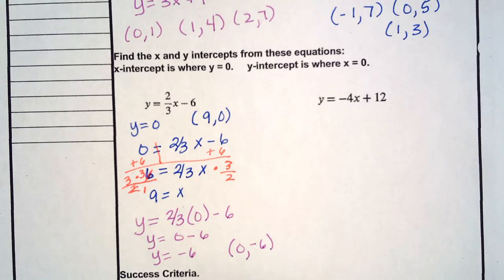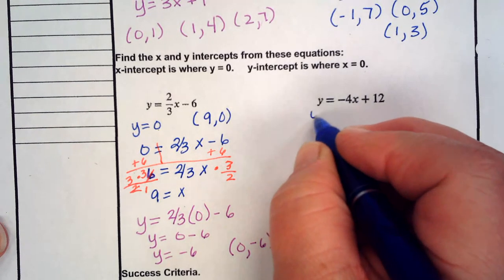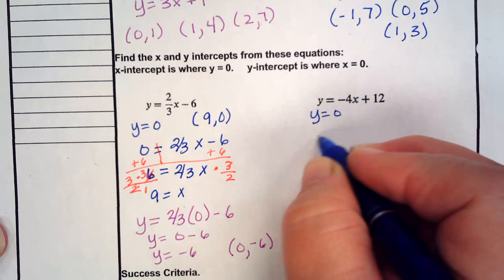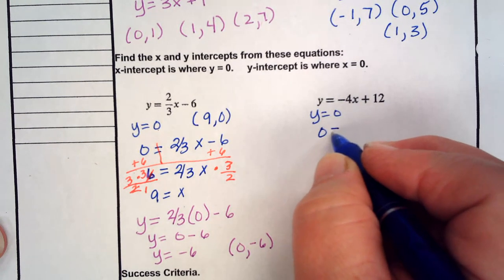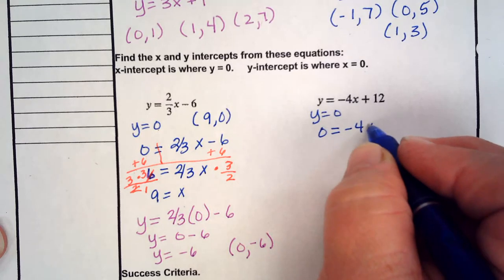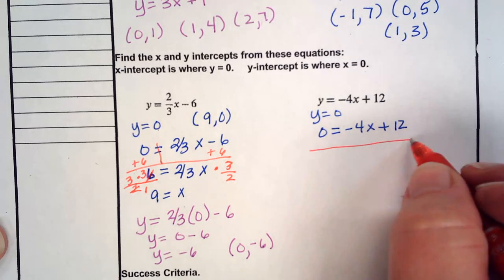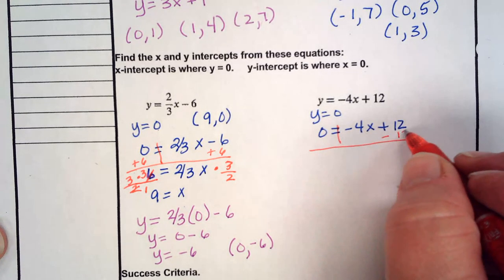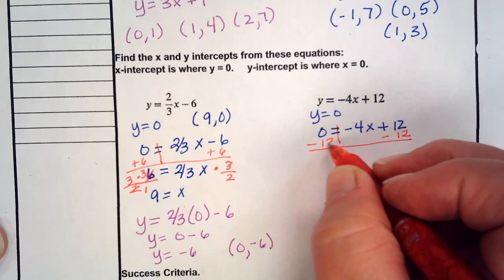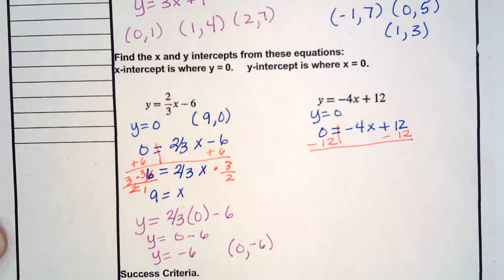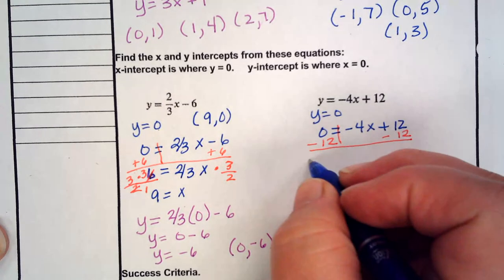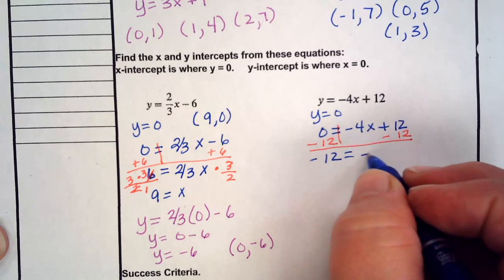Well, I do hope you tried. When y is equal to 0, 0 is equal to -4x plus 12. I start by subtracting 12 from both sides. -12 is equal to -4x.